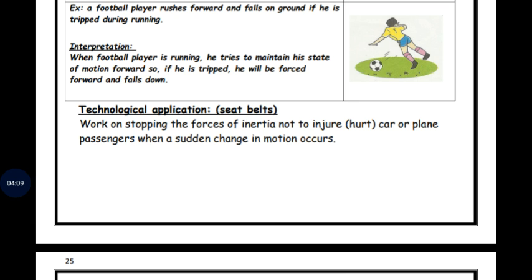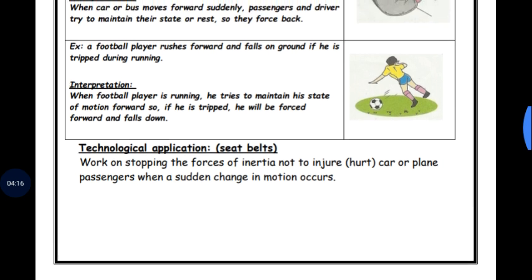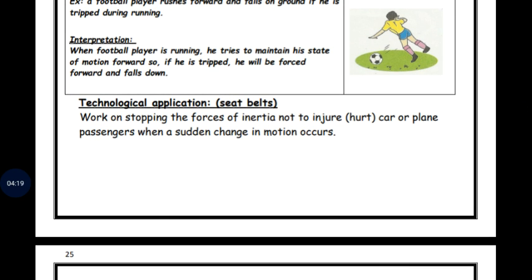When a sudden change in motion occurs, the seatbelt works on stopping the forces of inertia so the passengers are not injured or hurt. To keep the passengers safe, we must use seatbelts to stop the forces of inertia.